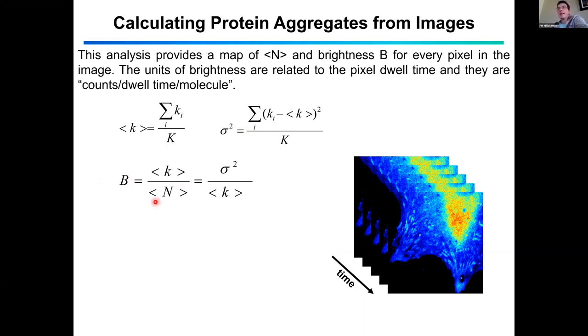The brightness in each pixel will be the variance divided by the average intensity, because the average number is the average intensity squared divided by the variance.